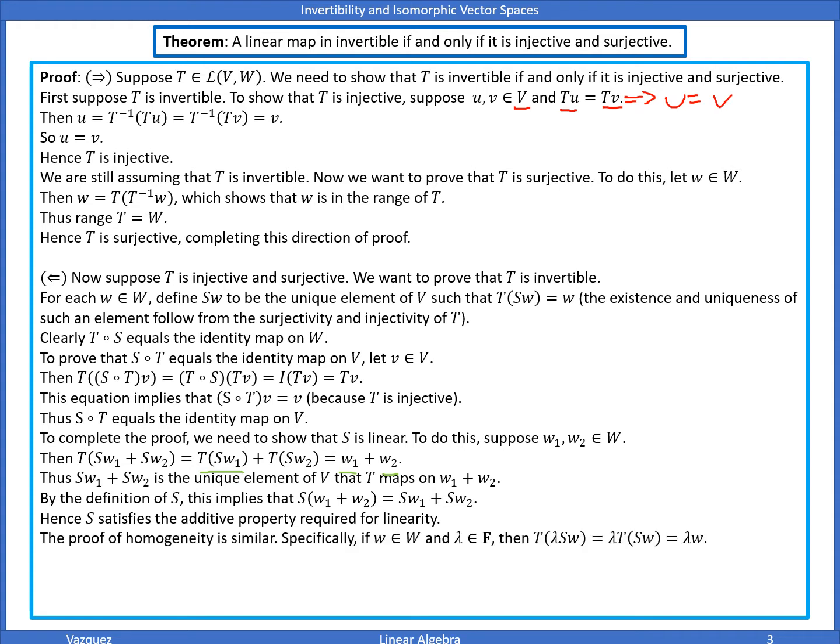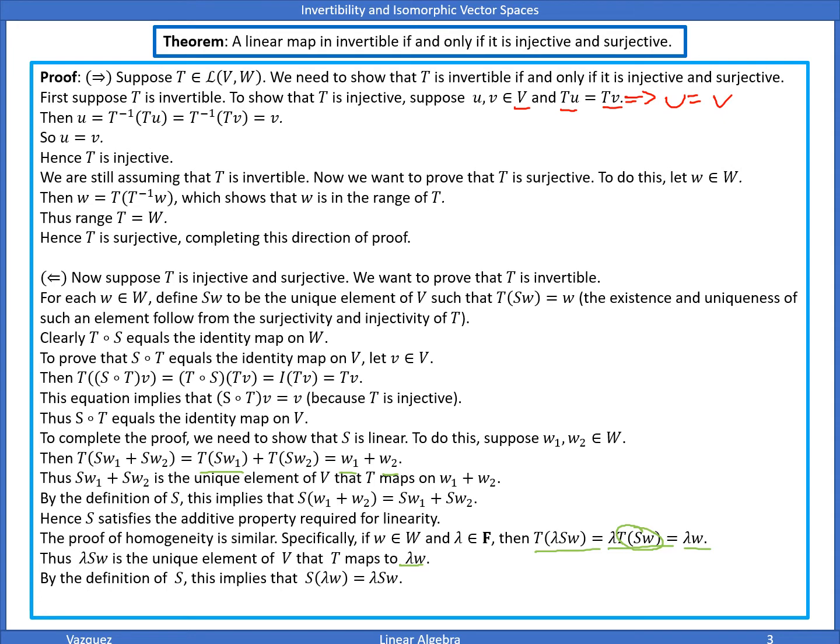Now, what about the scalar multiplication? Or in other words, homogeneity. So if W is in W and lambda is a scalar in F, then T of lambda times S of W, well, that's just equal to lambda times T of S of W, which is just equal to, again, because this maps to identity, W, so lambda W. Therefore, lambda S of W is the unique element of V that T maps to lambda W, right?